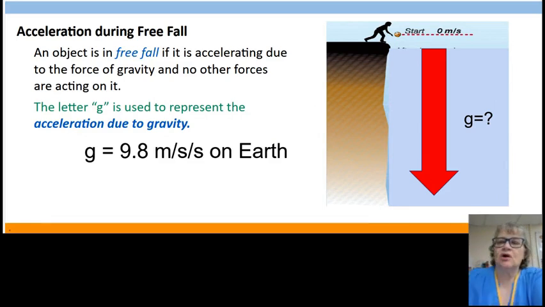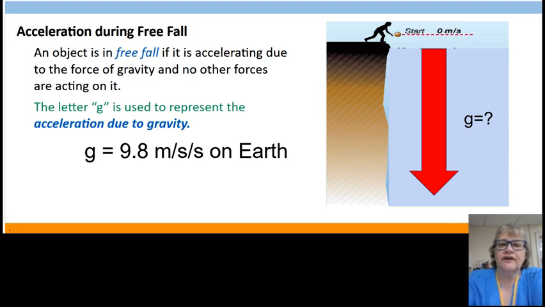In this case we use g instead of a for the acceleration due to gravity. And on Earth, that g is always going to be 9.8 meters per second per second.